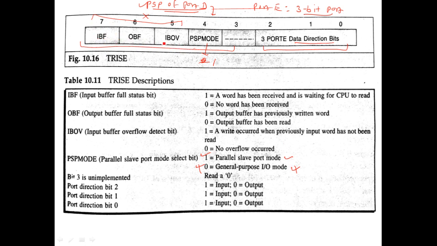You can see that these are 3 handshake signals: IBF, input buffer full; OBF, output buffer full; and input buffer overflow. So that's how these bits will be used, particularly when this bit is 1. As I told you before, when this bit is 0, these 3 bits are don't care bits.